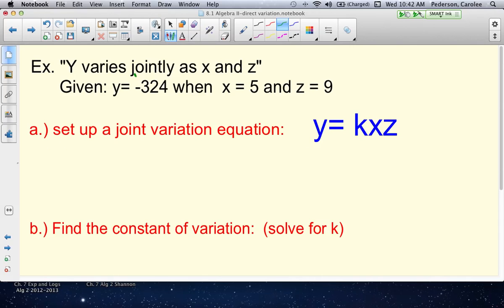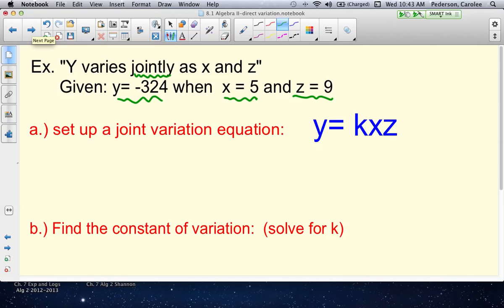So I'm going to highlight this word, jointly. Y varies jointly as x and z. And then they give us 3 variables this time: the y value, the x value, and the z value. So we're going to do the same thing as the last example.